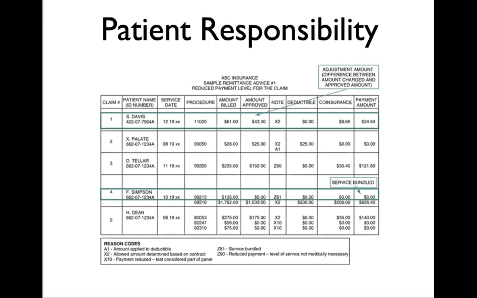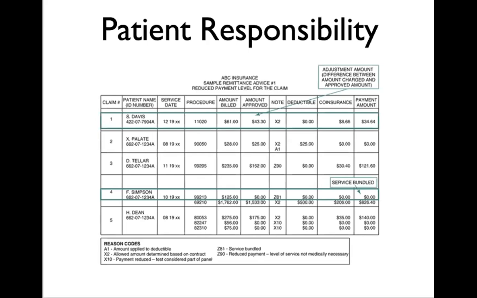Now, the last ones that you saw were called explanation of benefits. What you're looking at here is called a remittance advice. A remittance advice is what they send to us, the facility or the provider.